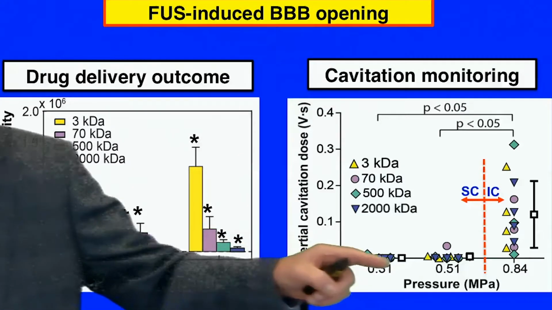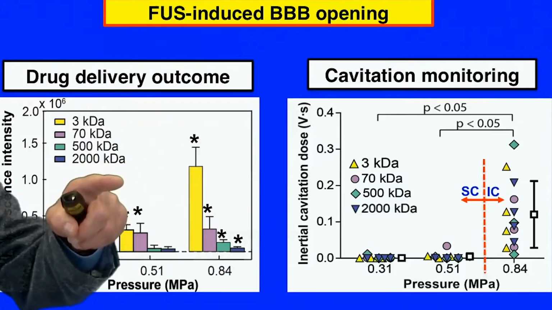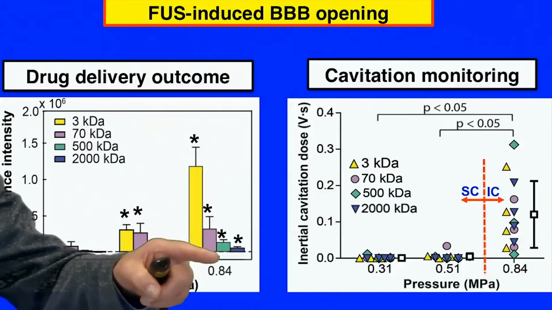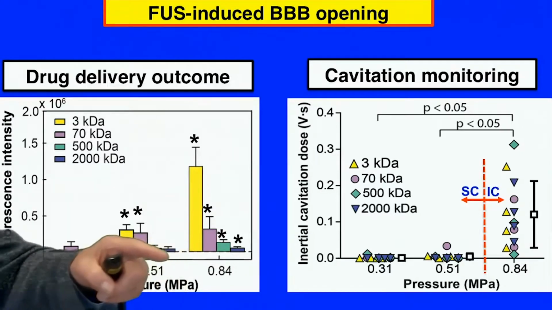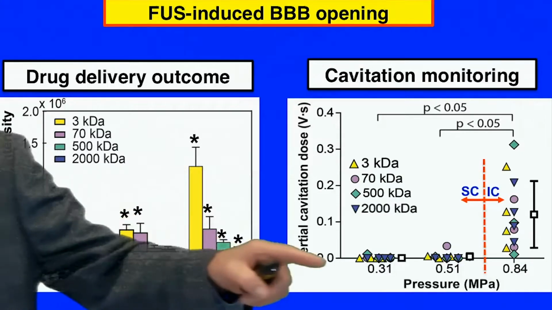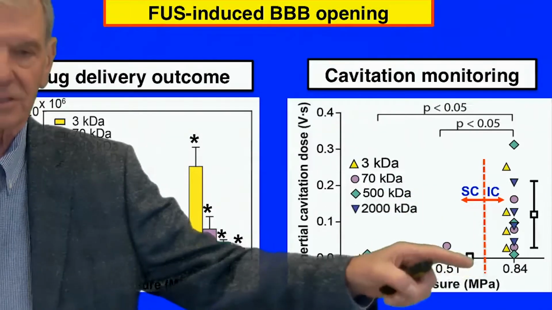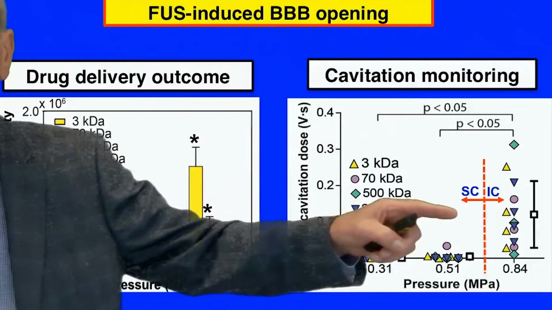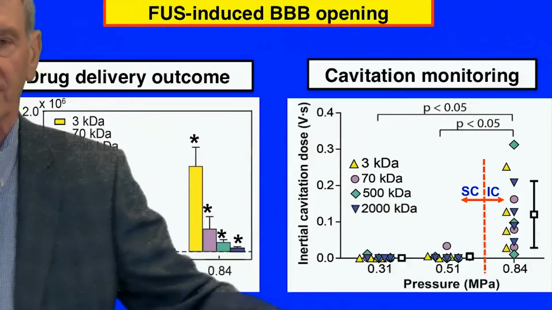And in some cases, if you want to get these 2,000 kilodaltons you see here at this particular pressure, 0.84, it's very difficult to get these big drugs into the brain. And you need to get, in this particular case, it's kind of complicated, but you need to get inertial cavitation. SC means stable cavitation. IC means inertial cavitation.